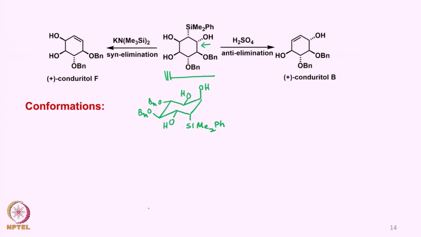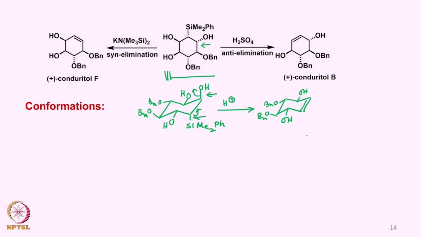So if we react it with sulfuric acid, then you have the proper orientation of the OH group and the silicon being anti-periplanar to each other, and that leads to the elimination of this OH group and the silicon, leading to the formation of, say we write it this way, a double bond here, then the OH group here, then OBn here, and then OBn group here and the OH group here.